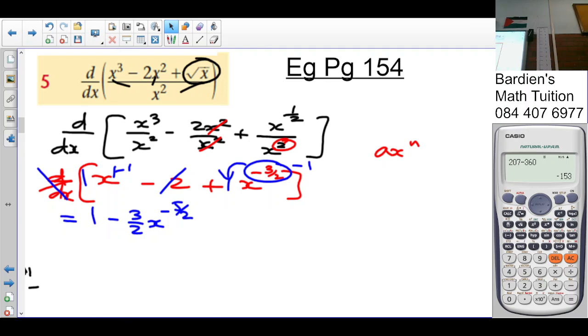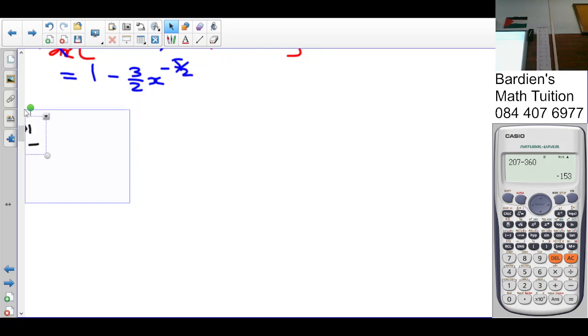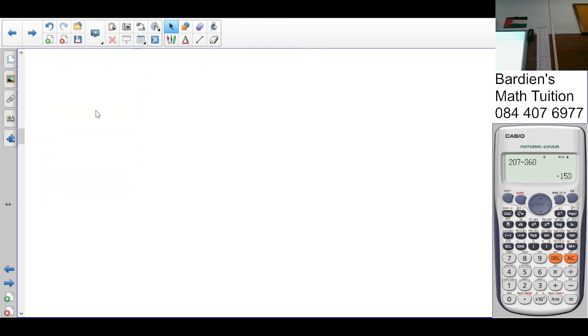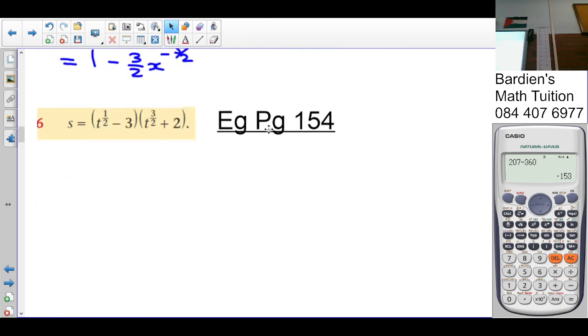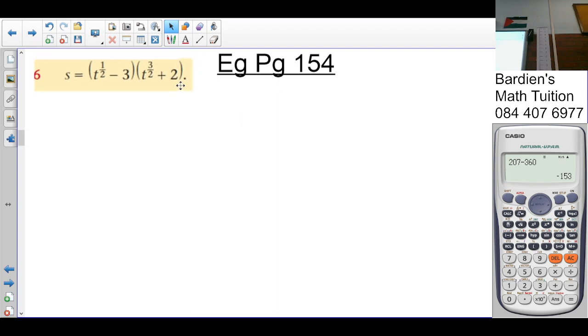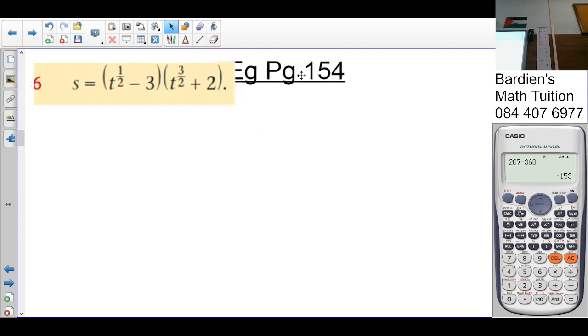Number 6. So what needs to be done first? With the brackets, not so?